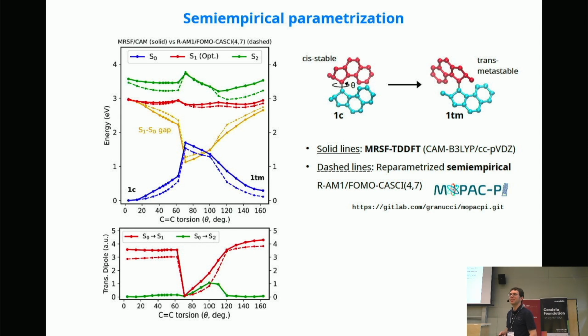Yeah, I couldn't agree more. Every time I want to use exactly this MOPAC, I am failing, so I have to reparameterize again for my special system of interest. Yes, exactly. But once you have reparameterized semi-empirical methods, you can actually reach simulation times of several picoseconds, and this is the advantage. Thank you.